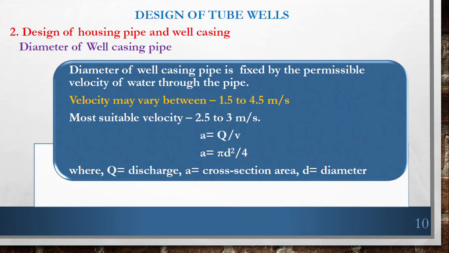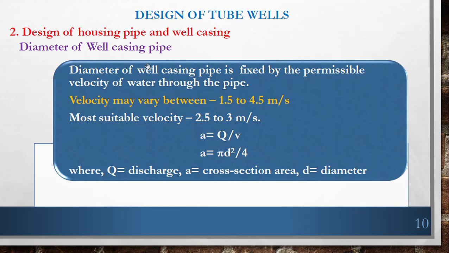So to avoid that, the velocity should be somewhat low. But when it is too low, we cannot extract much water, so it should be slightly higher. So there should be an optimum velocity needed for working of the pump, which is between 2.5 and 3 meter per second.